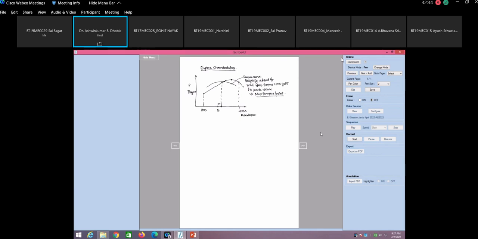Okay, any other thing? Why should frictional power increase, sir? Correct, that is one aspect, that is correct, but why will frictional power increase?